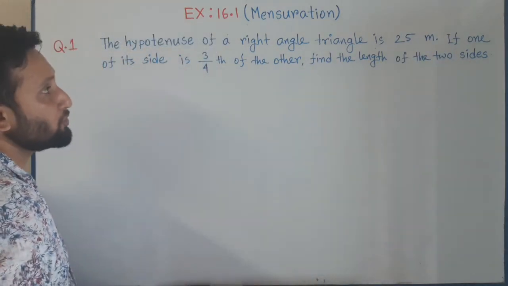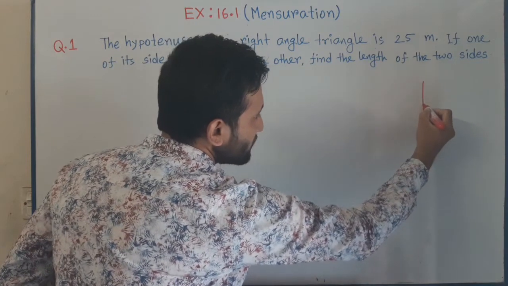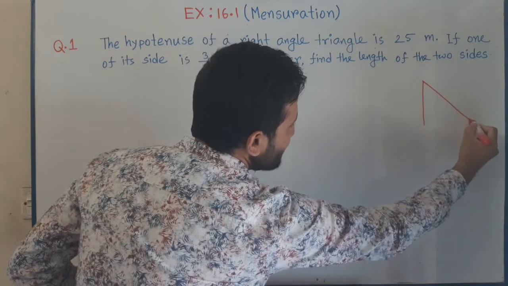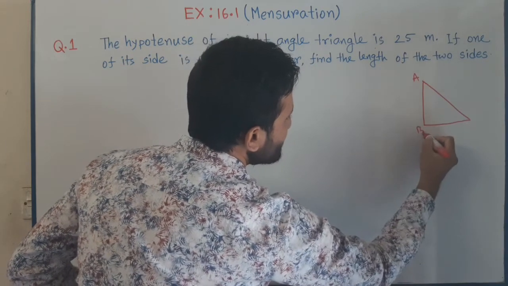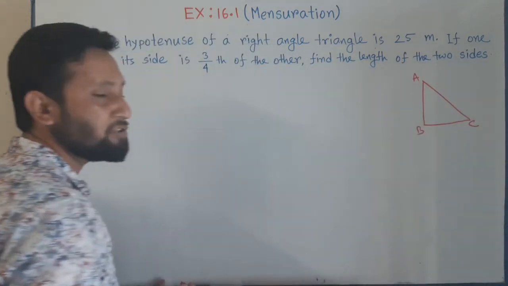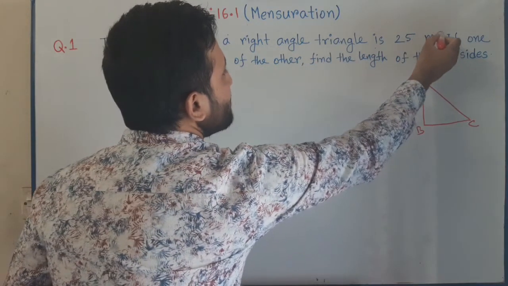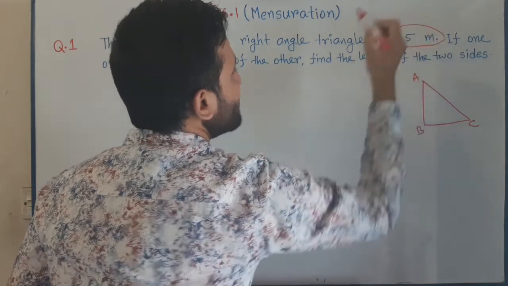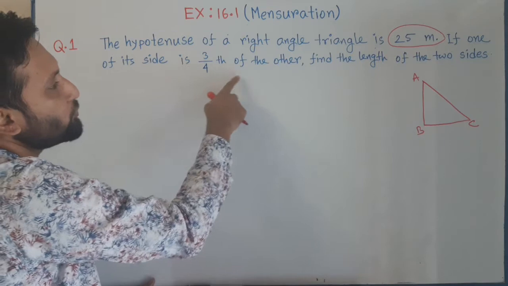According to this question, at first draw a figure like this. Suppose this is a right angle triangle, imagine this is ABC. According to the question, the hypotenuse of the right angle triangle is 25 meter, and one of its sides is 3/4 of the other.